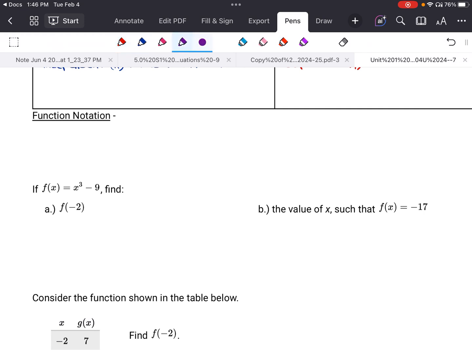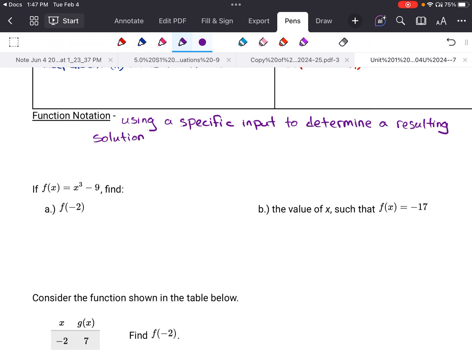All right, function notation. Using a specific input to determine a resulting solution or output in a given function.